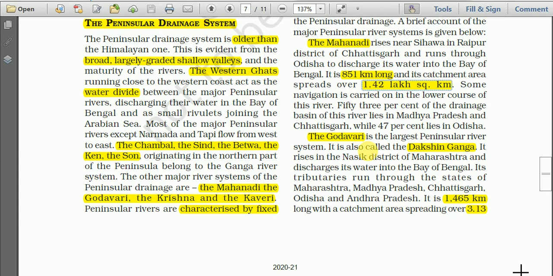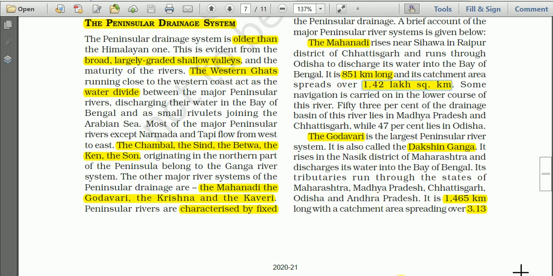Some navigation is carried on in the lower course of the river. So near the mouth of the river, navigation is carried on. That means water transportation is carried on. 53% of the drainage basin of this river lies in Madhya Pradesh and Chhattisgarh, while 47% lies in Orissa.